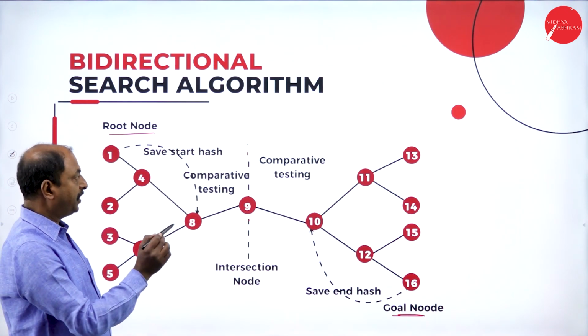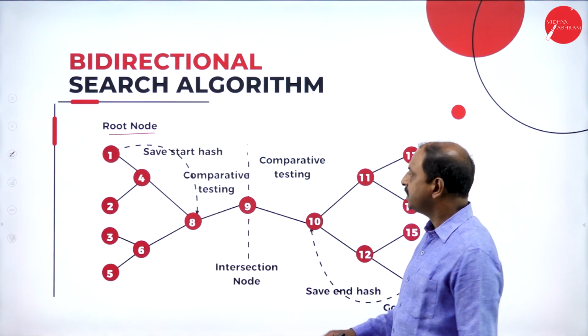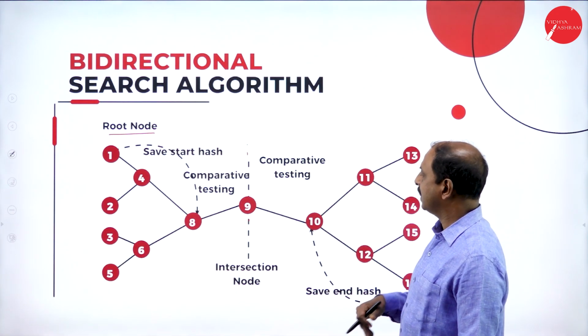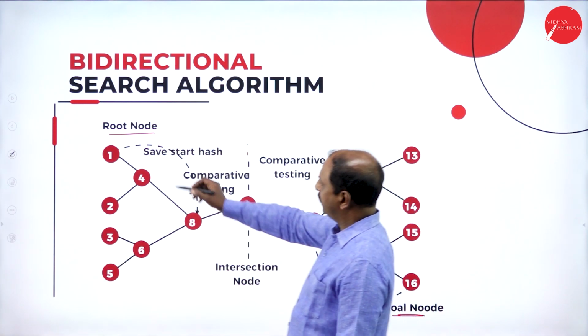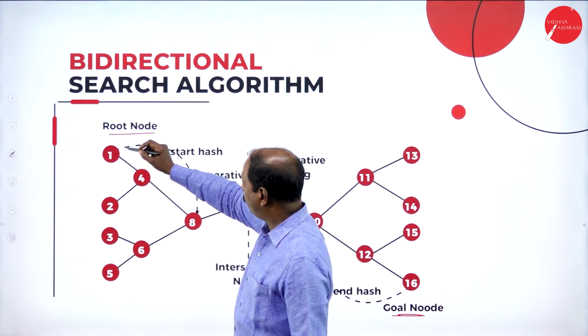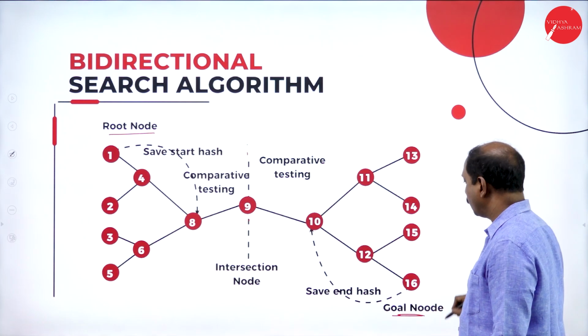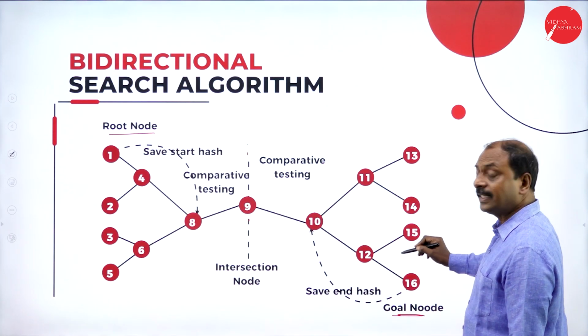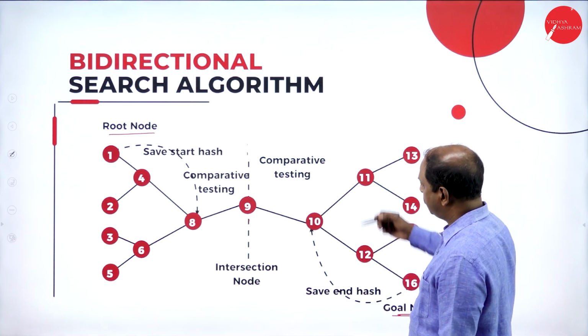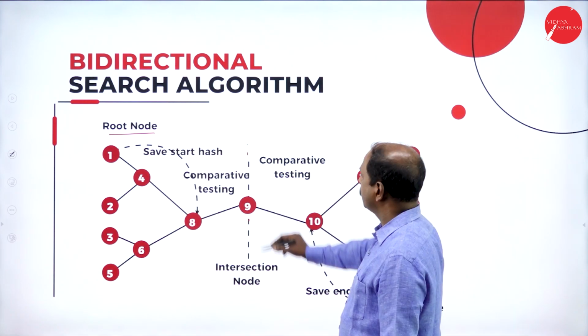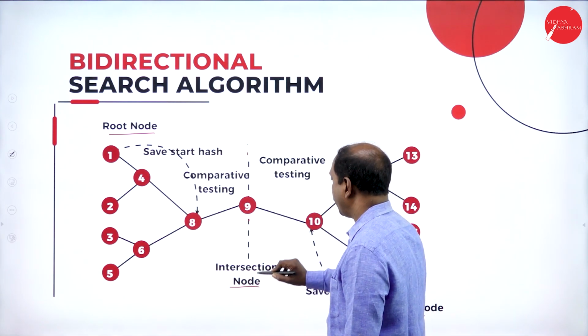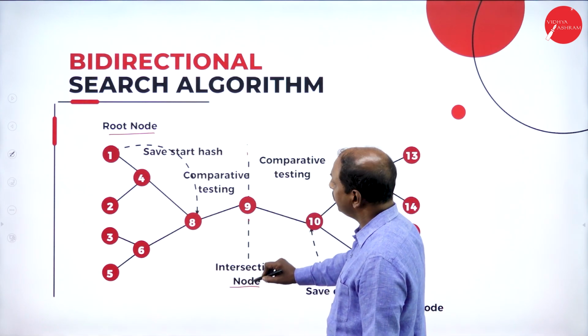As per the definition, the search algorithm starts simultaneously from the root node for one subset, and another starts from the goal node for the other subset. While searching for the goal node, this is the intersection node where the search operation stops.